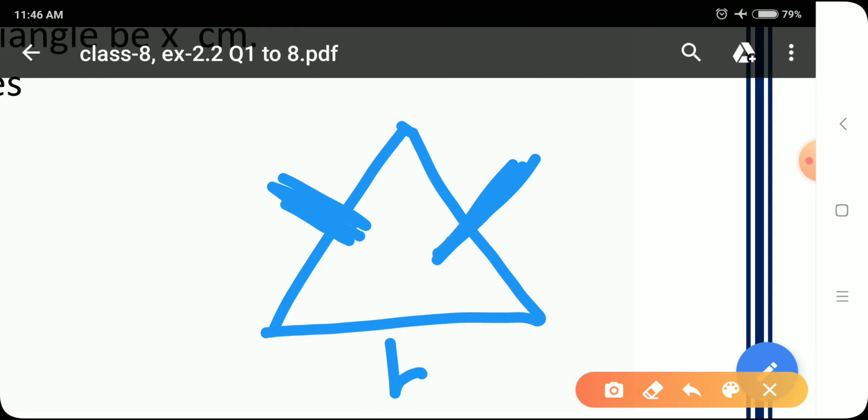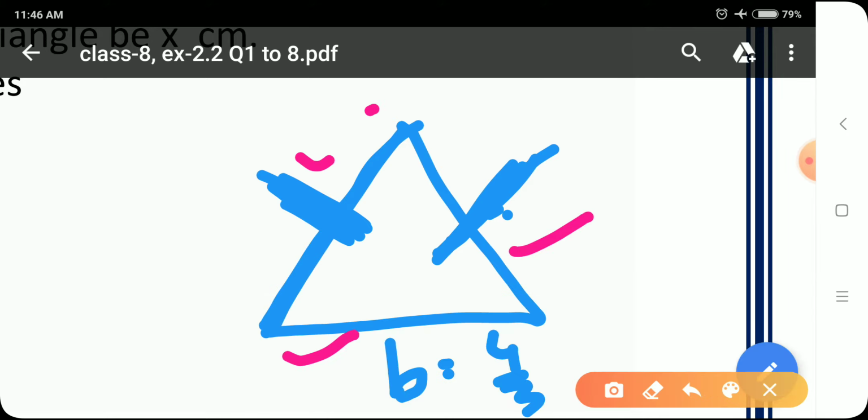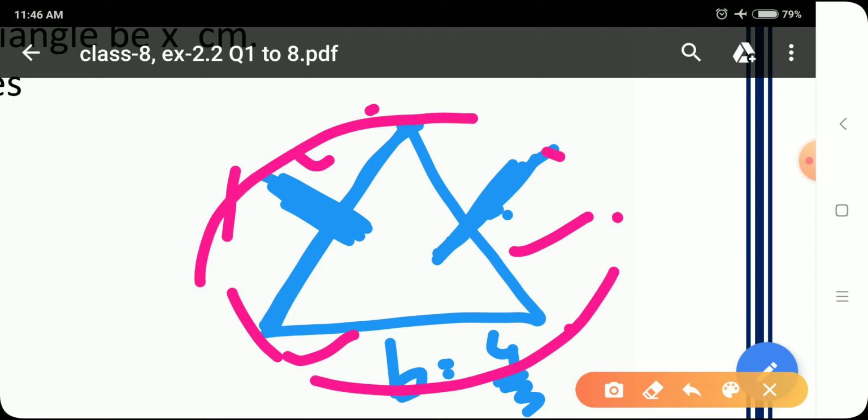Okay, now this is taken as the side, this is taken as the base, and the base is given, that is 4 by 3. And now you have to find the other two sides, and the perimeter is also given. Perimeter means the sum of all the three sides. Sum of all the three sides is given to you, and one side is given, you have to find these two.